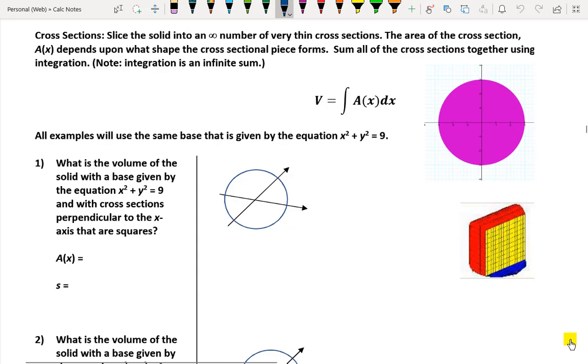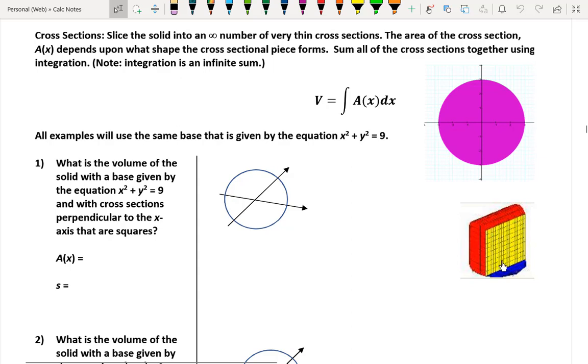If you look to the right side over here, you can see this little picture in red and yellow and blue. You can see the part of the circle in blue, and basically we're building cross sections out of this that are squares. As you come up the side of the square over here, you can see the height of the square and the width of the square.